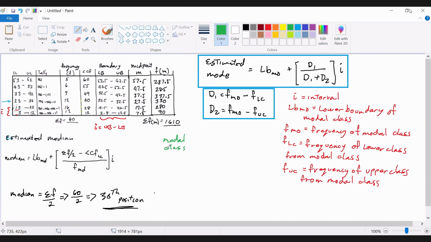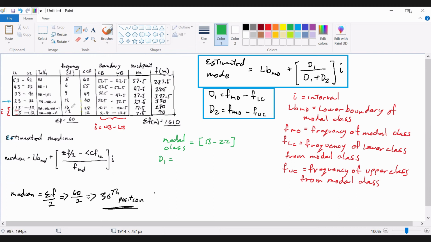Modal class is the highest frequency. Okay, so that is now going to be 13 to 22. So all data will be coming from this group over here. Okay, so we start off with D1 first.